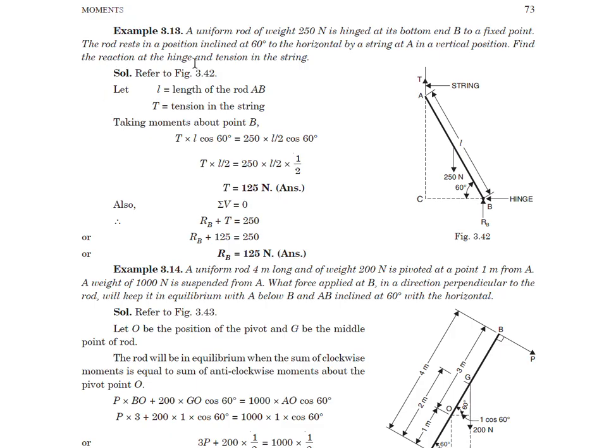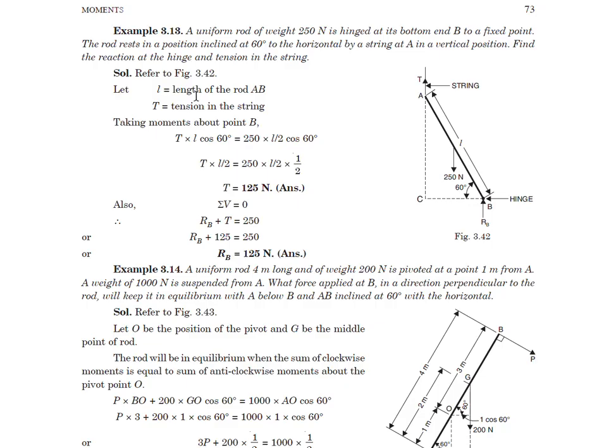Find the reaction at the hinge and the tension in the string. Okay, so the hinge is at point B. There is a string at point A which is going up, and you have this weight which is going down at the center point. Okay.